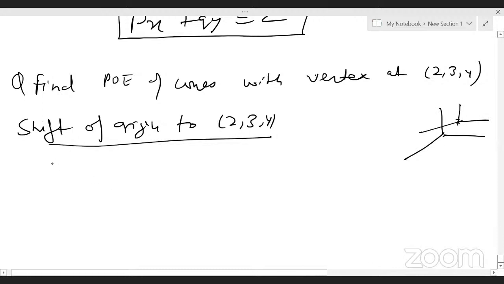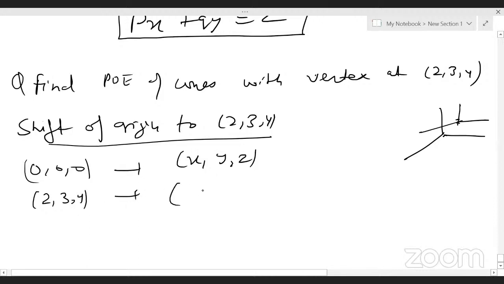So in the new coordinate system, let's say if 0, 0, 0 is the origin and there is a point x, y, z, and we shift the origin to 2, 3, 4, this will be capital X, okay, capital Y, capital Z.